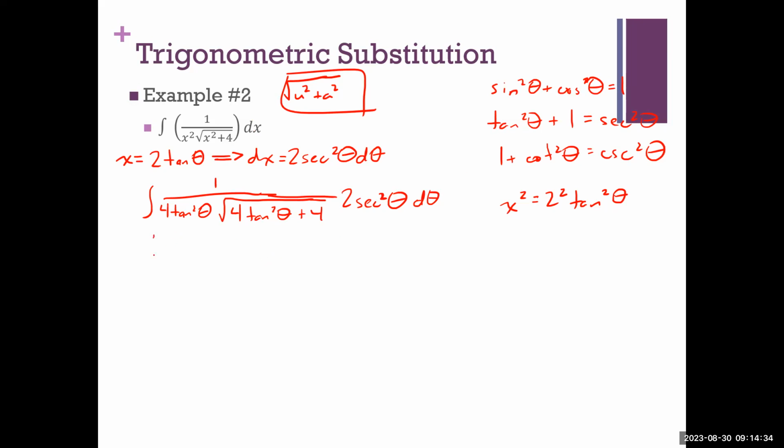So I'm going to do what was suggested. We'll do small steps here, but 4 tangent squared theta times the square root of 4 times tangent squared theta plus 1. Is it okay to save space? I put all this stuff up here.